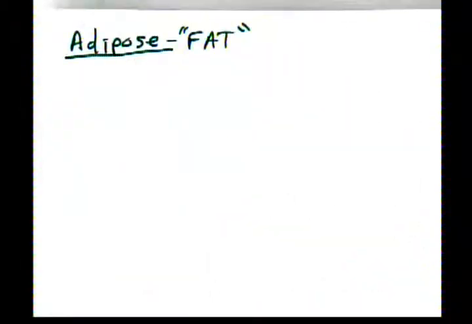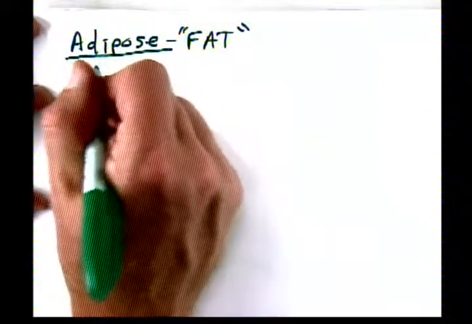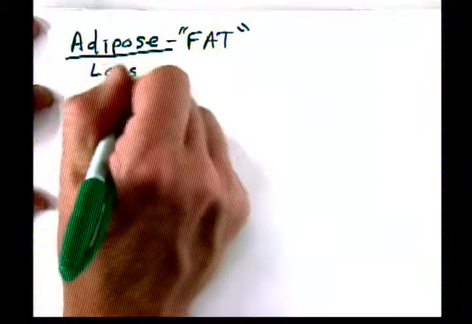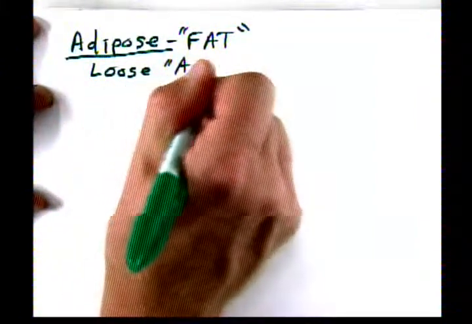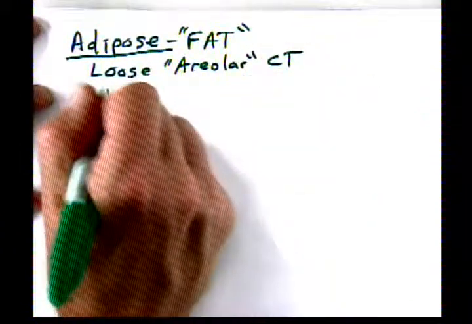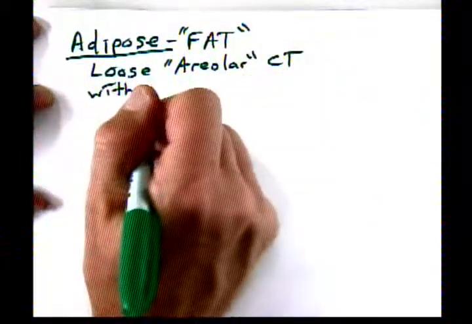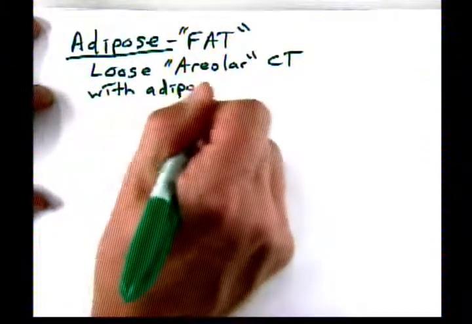And the purpose of the adipose in our body, and let me just back up here. Adipose primarily consists of loose, or what's referred to as areolar connective tissue with adipocytes.